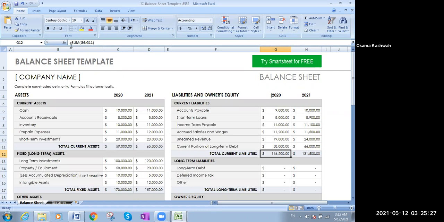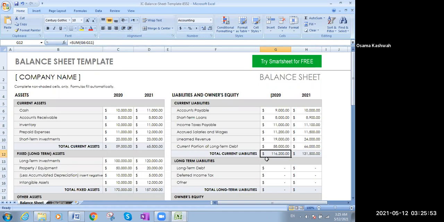You can see here the function is saying SUM from G6 to G11. Where is the G6? This is G. This is G6 here, from G6 to G11. And you find the numbers are written up in the function. I will come back here, SUM from G6 to G11.